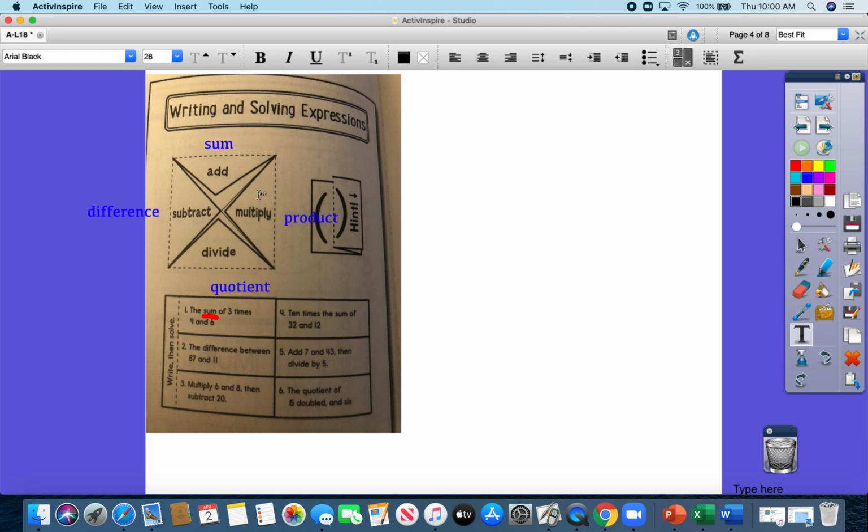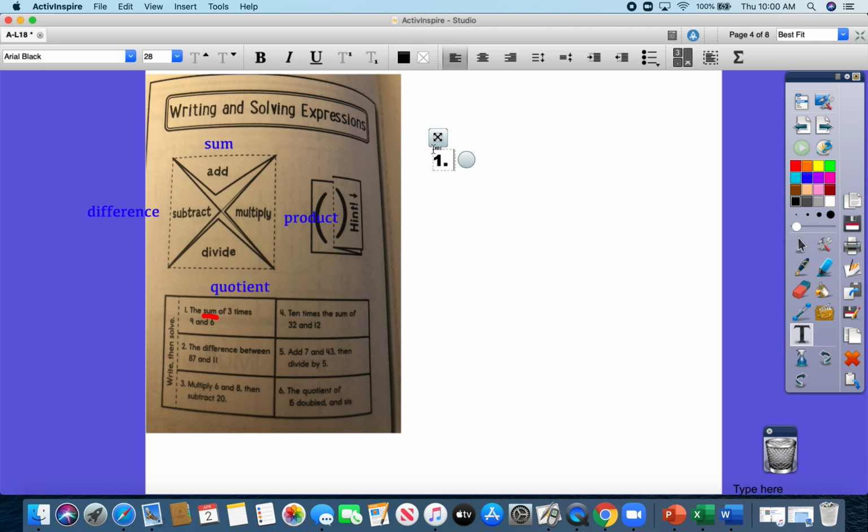They're already in your flaps, but I have carried them over because they can matter sometimes, all right? So let's look at number 1. It says the sum of 3 times 9 and 6. So I need to multiply 3 times 9, and then I need to add that to 6.